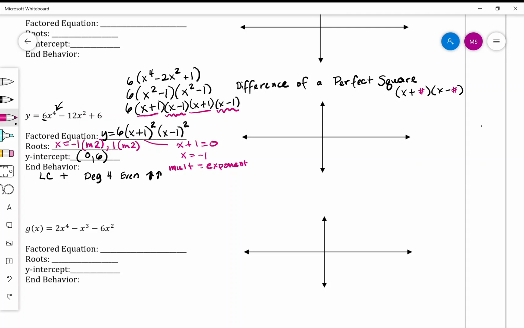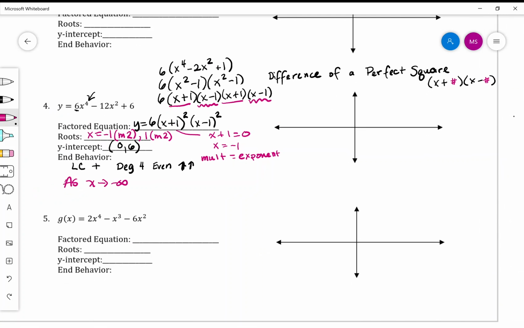So your answer for your end behavior is going to be as x approaches -infinity. I like to write it from left to right, so this is from the left side. All right, f of x goes to +infinity. And then on the right side, f of x is still going to +infinity.